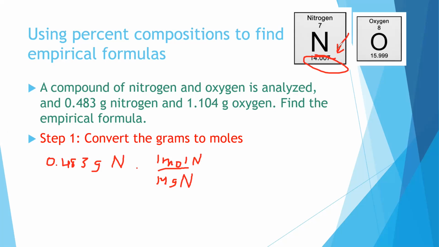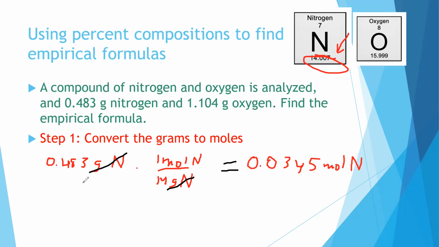I hope you remember the molar mass helps us convert from grams to moles. The grams of nitrogen and the grams of nitrogen cancel out. Once we do this calculation, we get 0.0345 mole of nitrogen. So we converted the grams to moles.